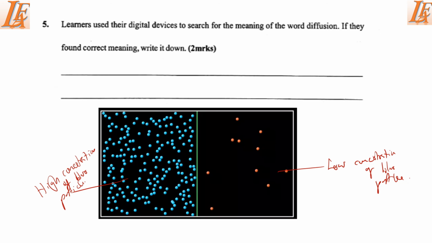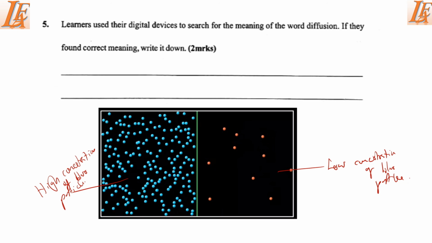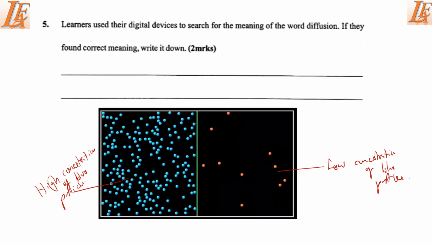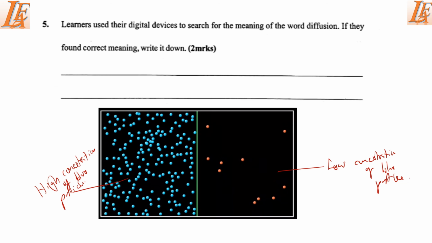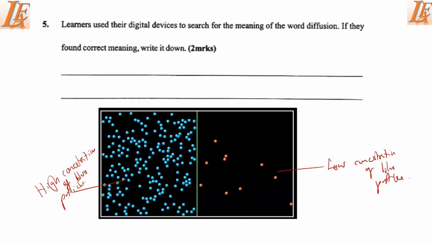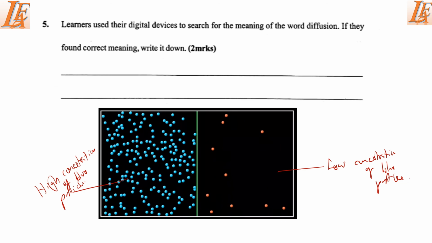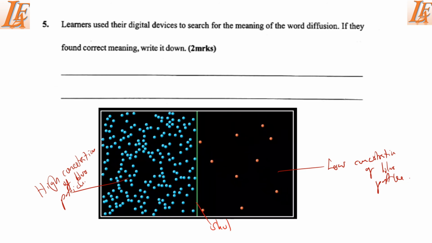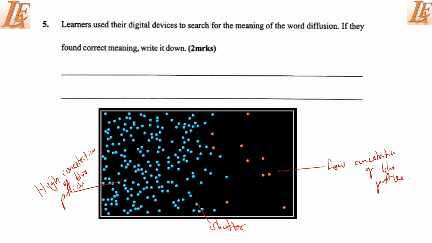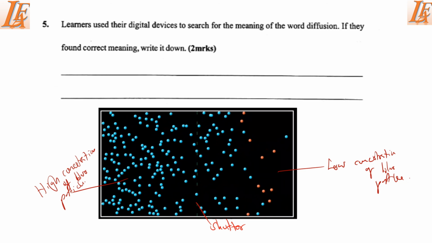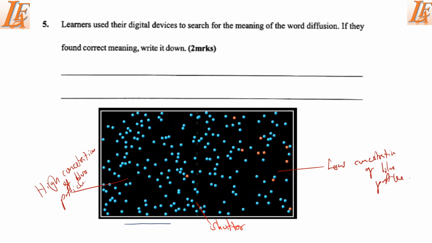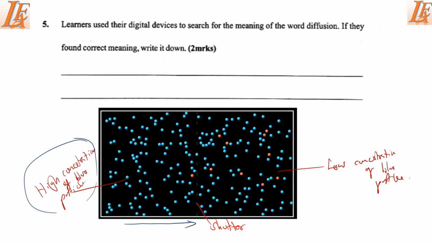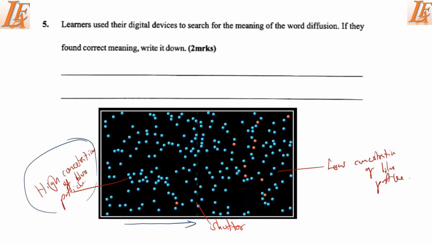Now in this case, we have said gas particles or liquid particles are always in continuous random motion and they are made of very small particles. If you remove this shutter here, which is used to enclose the two sides, you will see the blue particles are now moving from the left side, where they were highly concentrated, to the right where they were lowly concentrated.